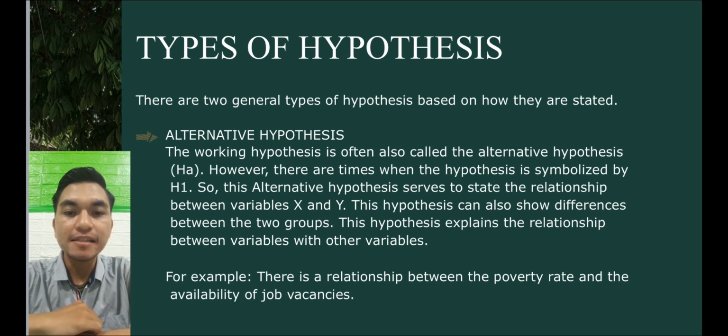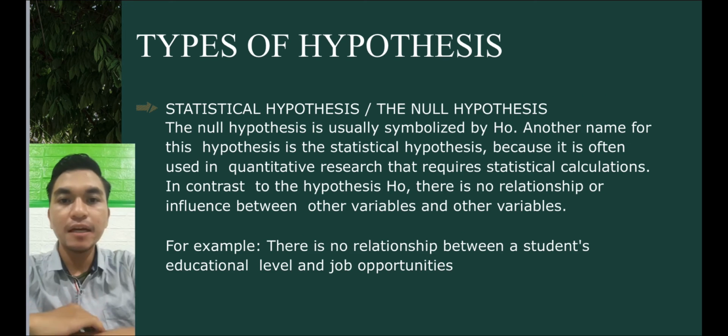So, this alternative hypothesis serves to state the relationship between variables x and y. This hypothesis can also show differences between the two groups. This hypothesis explains the relationship between variables or with other variables. For example, there is a relationship between the poverty rate and the availability of job vacancies.